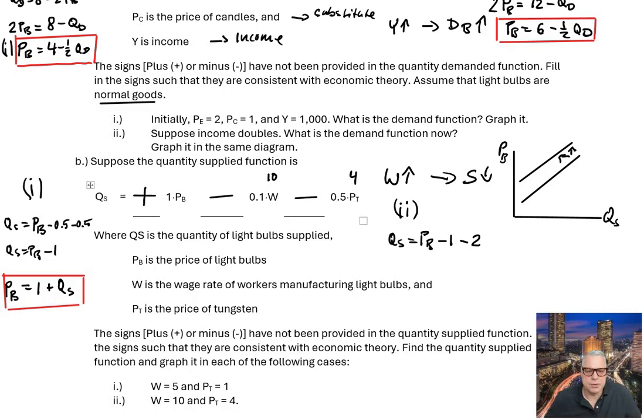And then of course that is the same as negative 3 plus PB. If you want to rearrange that so we have PB alone, we put the 3 on the other side, so PB is 3 plus QS. So that is our second one.